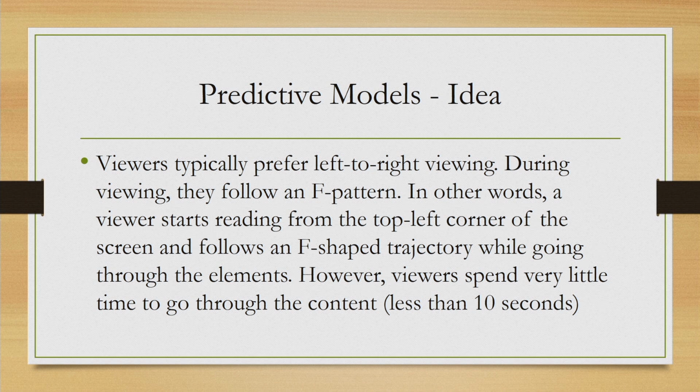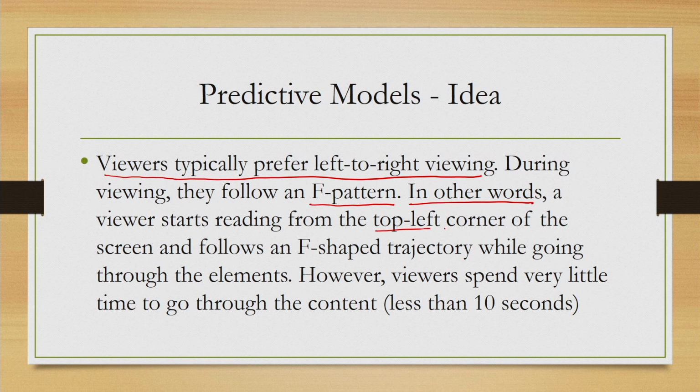Now, let us assume that we now have access to a descriptive model for web browsing behavior. Now, what is this model? Viewers typically prefer left to right viewing. That is one part of the model which tells that the viewers typically prefer left to right viewing. During viewing, they follow an F pattern, that is a pattern of viewing. So, in other words, a viewer starts reading from the top left corner of the screen and follows an F-shaped trajectory while going through the elements.